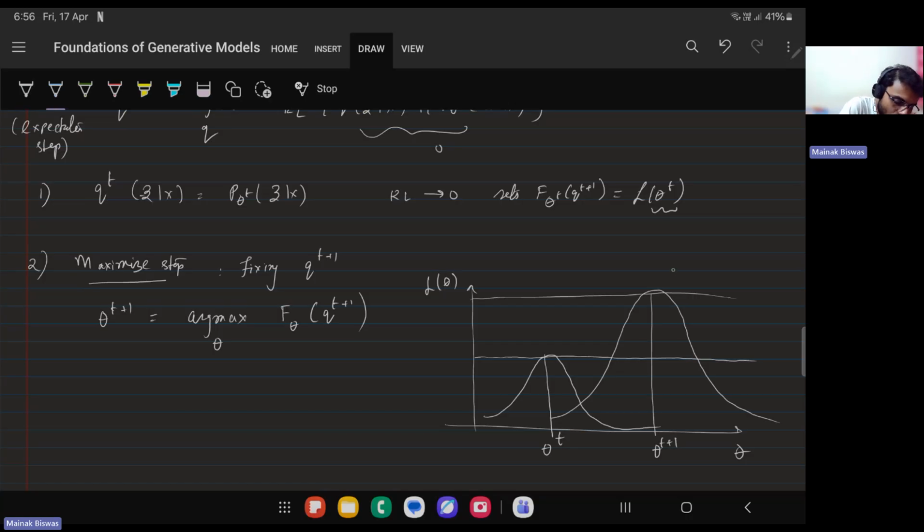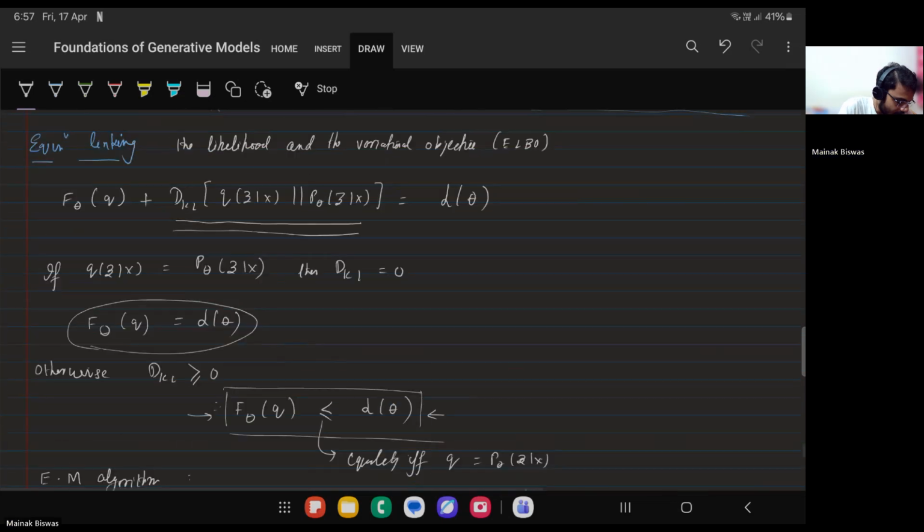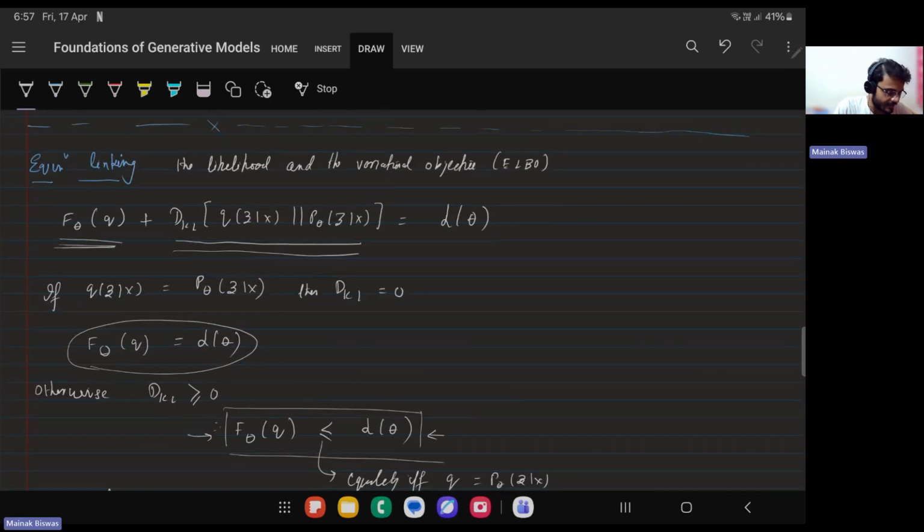We can clearly see the likelihood of theta_t+1 is more than theta_t. Here, this term is the KL divergence between q(z|x) and p_theta_t(z|x). And this term over here is the F_theta term that I have.